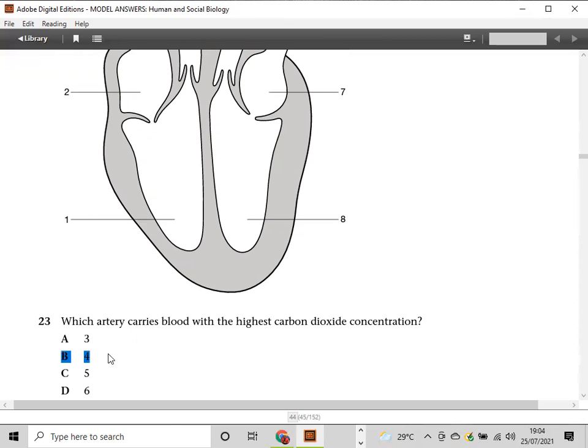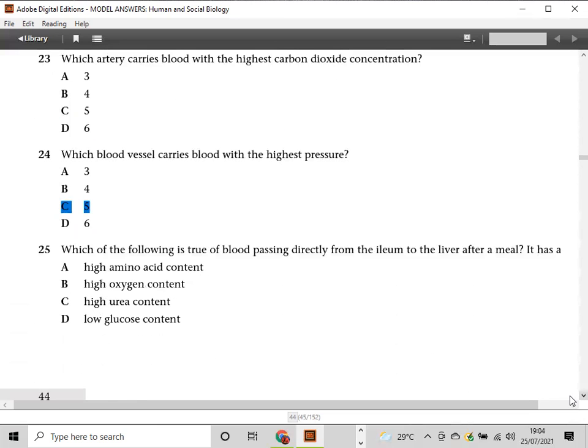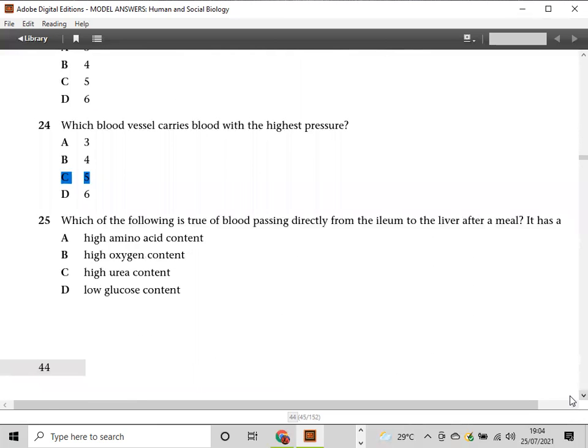You guys can look up at the diagram now. And 24 is, which blood vessel carries the highest pressure, and that would be C, 5. Which of the following is true of blood passing from the ileum to the liver? 25 is A, high amino acid content.